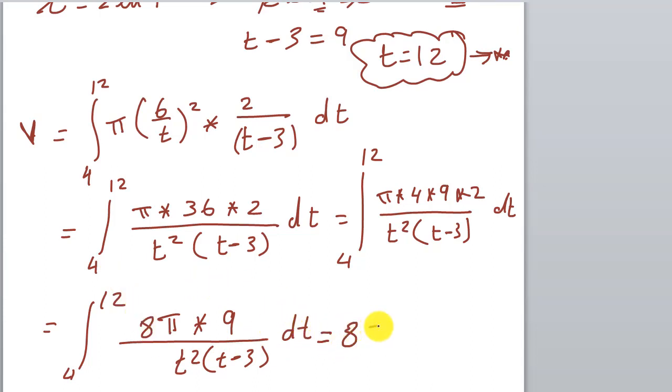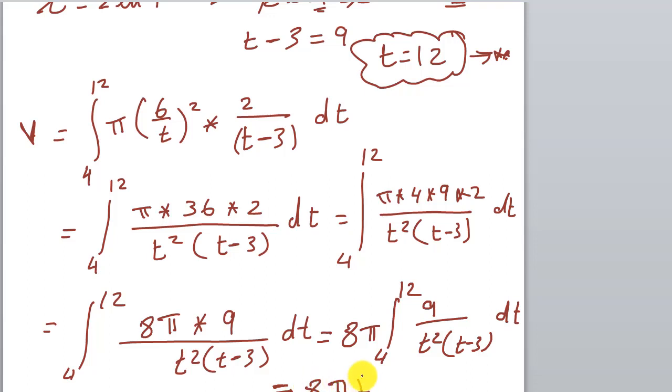So 8 pi times the integration from 4 to 12 of 9 divided by t squared (t minus 3) dt, which is I, so it's equal to 8 pi I. And this is the volume. So k equal to 8 pi. And this is the answer of this question.